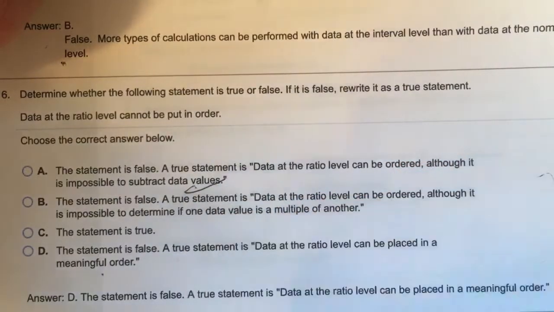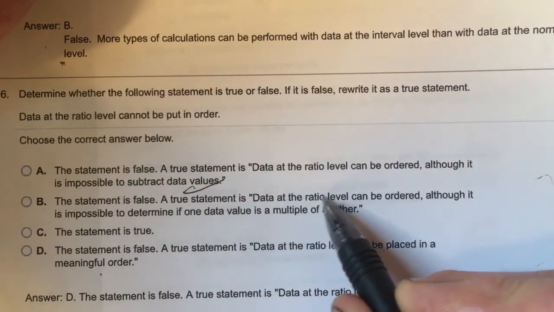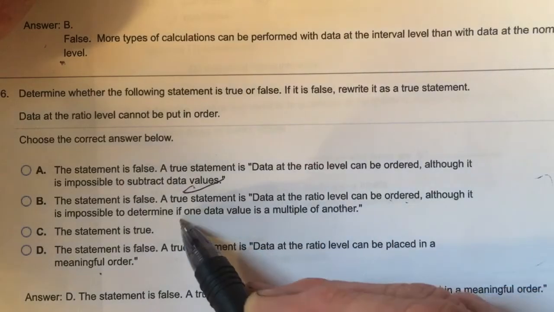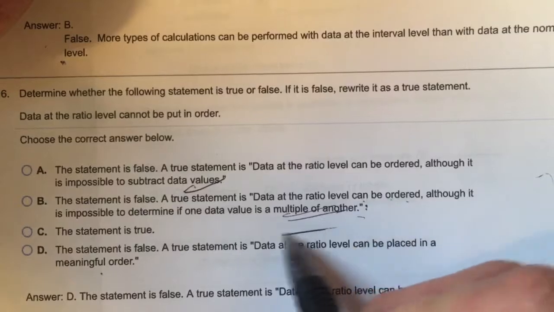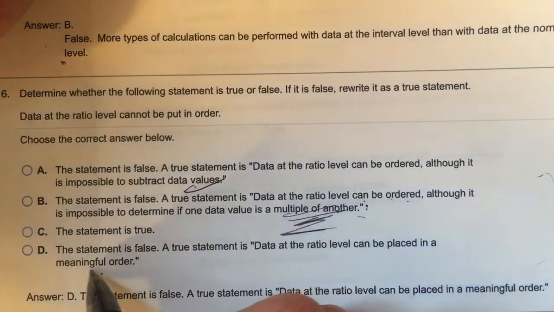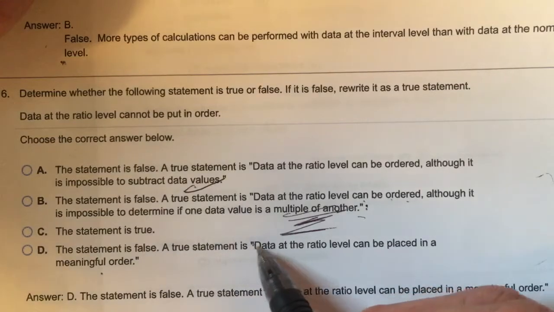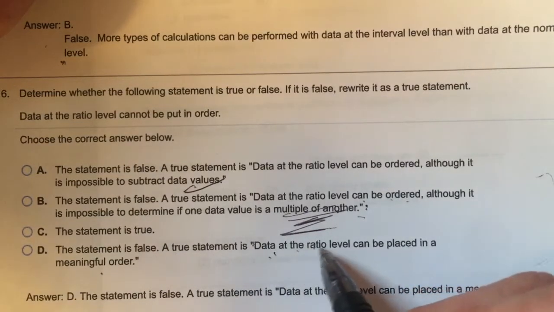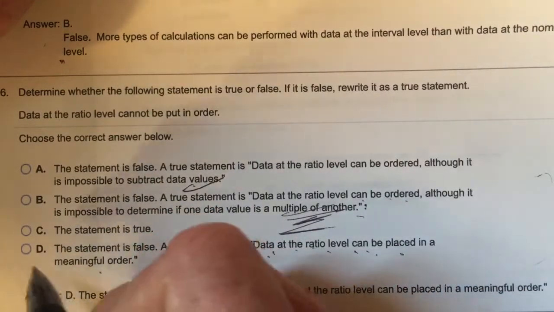That's wrong, because you can do subtraction and you can divide them. This is data at the ratio level can be ordered, although it's impossible to determine if one data value is a multiplier of the other. No, that's what ratio is. The ratio is the only one that does that. I think we're at D, I guess. A true statement is data at the ratio level can be placed in a meaningful order. That's it right there, D. Answer is D.